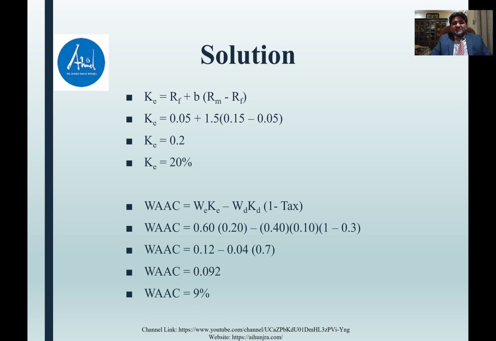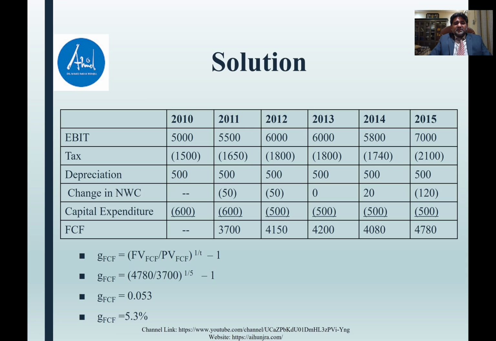Same, we calculated the WACC from the formula by using the weight of equity, cost of equity, weight of debt, and cost of debt multiplied by 1 minus the tax rate. So we can calculate the WACC, and by using the CAPM formula, we calculate the cost of equity. Here we can find the growth rate of free cash flows: present value divided by future value.